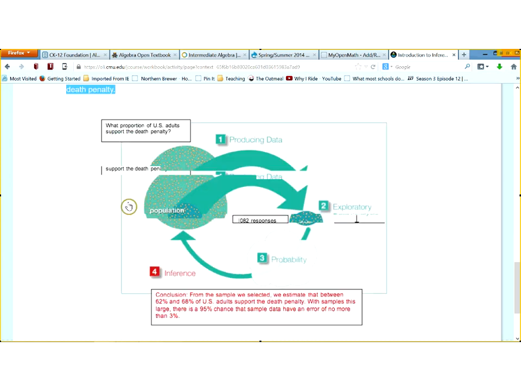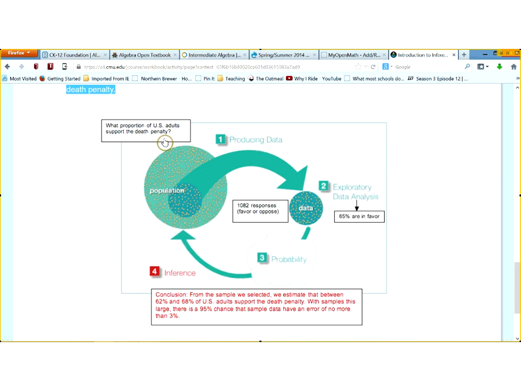So in this picture, our producing data is asking the question. Our exploratory data analysis is sort of what the data said, 65% of our population are in favor of the death penalty. And then we use the tools of probability that we'll learn starting in this module to come with our inference, which is that we can be 95% sure that between 62% and 68% of U.S. adults support the death penalty.